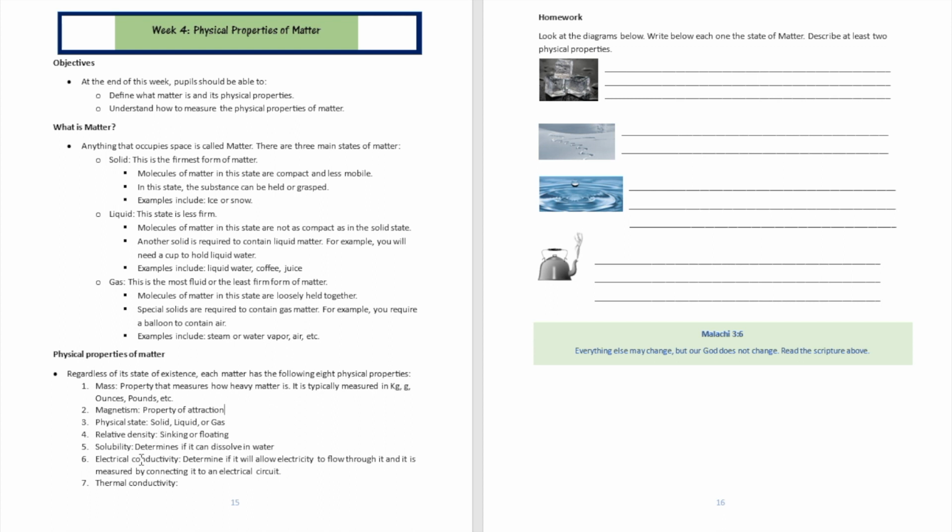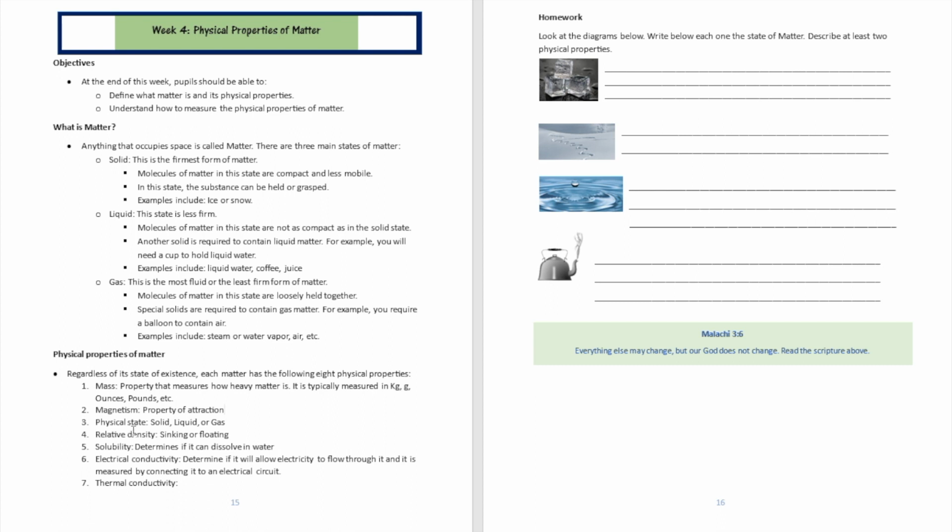Some objects, they are not going to be magnetic. Well, metals can be easily magnetized to magnets, but non-metals, for example wood, cannot be magnetized. Well, every matter is going to have that magnetism property, whether it is magnetic or it's not magnetic. So that's going to be another property of matter.